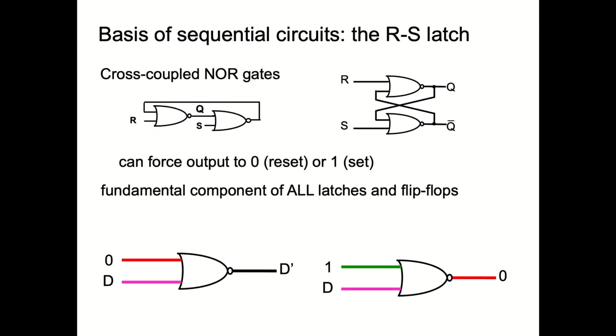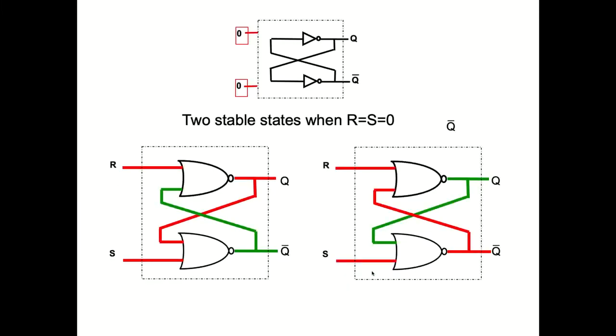So if we look at what's happening in our RS latch, if both inputs are 0, we have two inverters, because when one input to the NOR gate is 0, the NOR gate acts as an inverter on the other input. So we have two inverters in a loop.